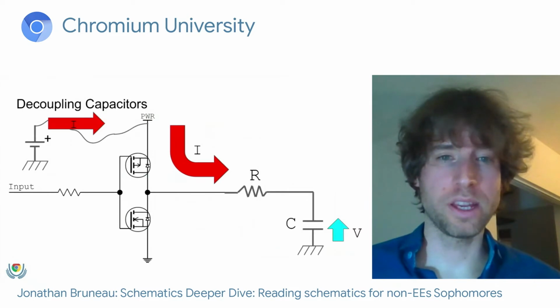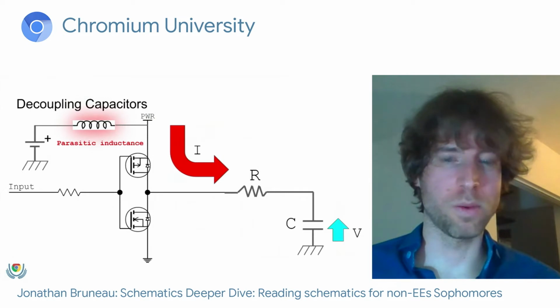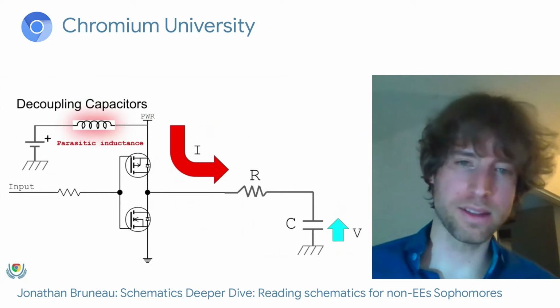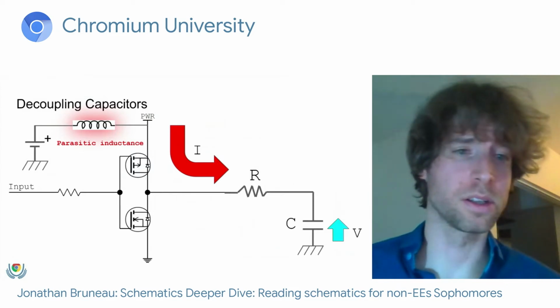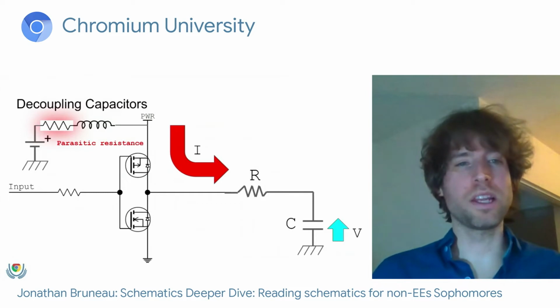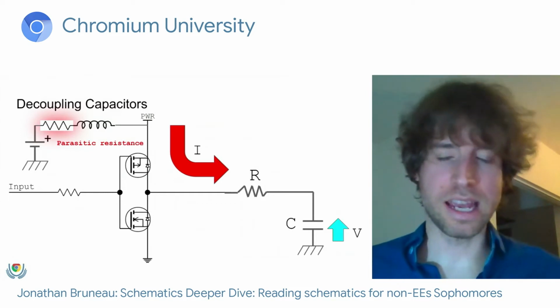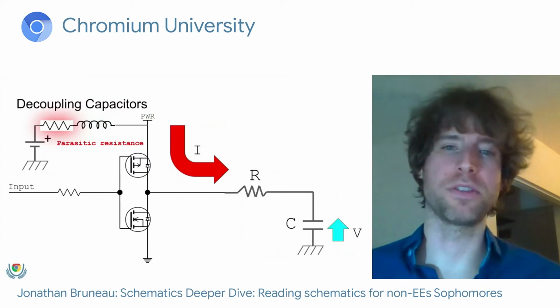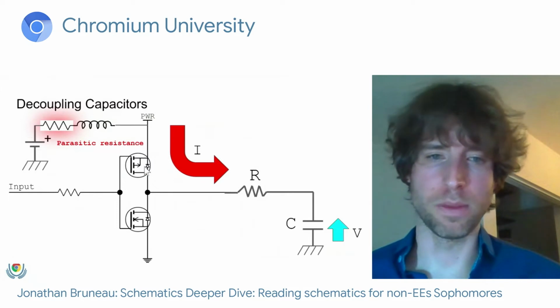So the electrons, as they travel, take time. And we model that long path as a parasitic inductance, and I haven't talked about inductors, and a parasitic resistance. But really the point is, inductors and resistors aside, it takes a finite amount of time for the electrons to go from the battery all the way to our two MOSFETs here.